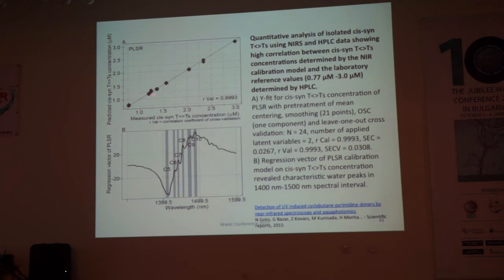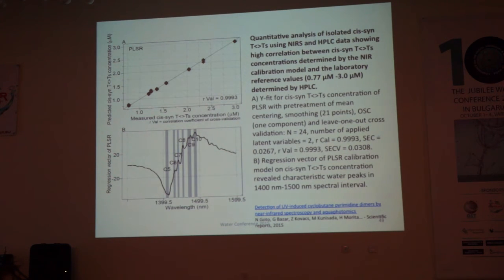Now, this is the concentration of the dimer produced by DNA as a result of the UV radiation. The same effect, but we were able to measure it with that accuracy with light interacting with water.